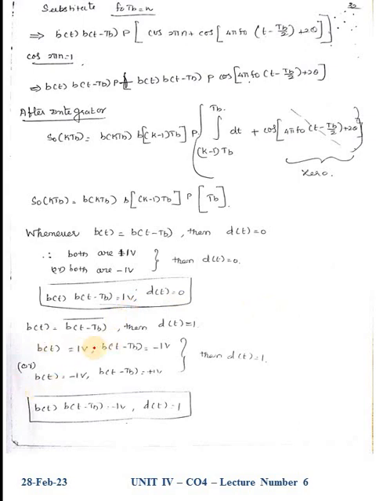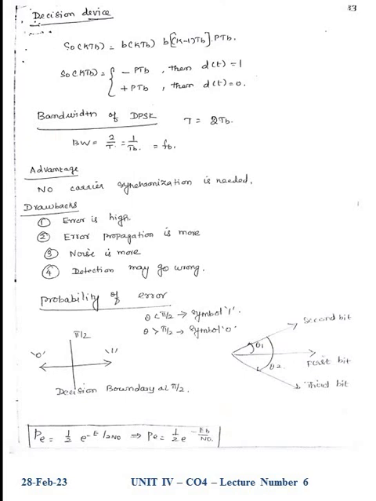When b of t is not equal to b of t minus Tb, then d of t is equal to 1. That is, in other words, b of t is equal to 1 volt and b of t minus Tb is equal to minus 1 volt, or b of t is equal to minus 1 volt and b of t minus Tb is equal to plus 1 volt, for d of t equal to 1. So we can conclude that b of t into b of t minus Tb is equivalent to d of t equal to 1. The decision device compares the threshold value with the generated detector output.